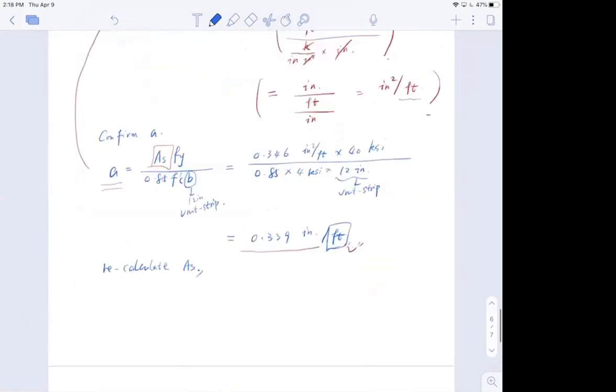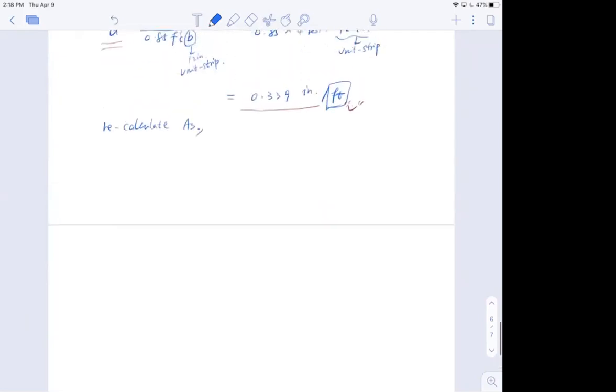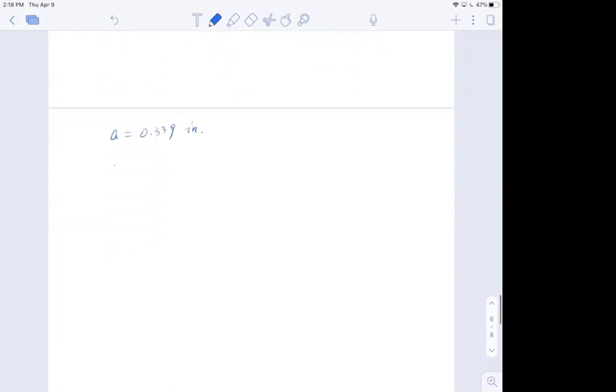So let me go back to blue. All right, since a is already known, 0.339 inches, I'm going to say the required steel As has to be greater than Mu, the applied moment on top, phi, the strength reduction factor, fy, and d minus a/2.